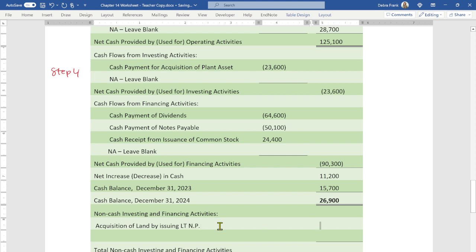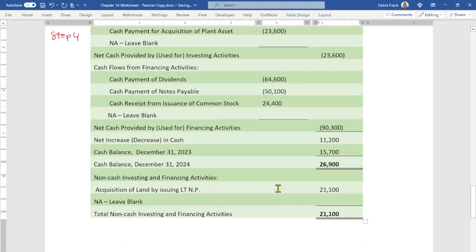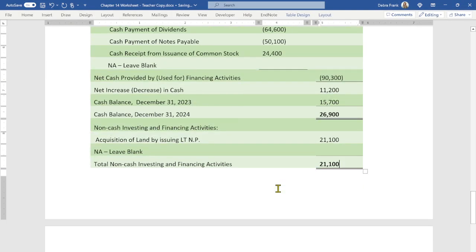And that was 21,100, and there were no others, just that one. So we can just say NA, leave blank, another blank box. And so our total for that, 21,100. Cool. And we are all done with the statement of cash flows. Let's scooch that up so you can see everything. And that is it.